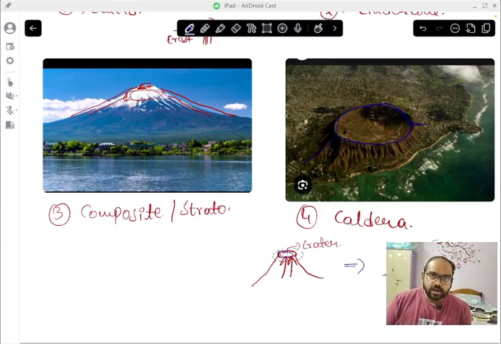This depression is called a caldera. Sometimes water gets deposited in this caldera and forms a lake also.